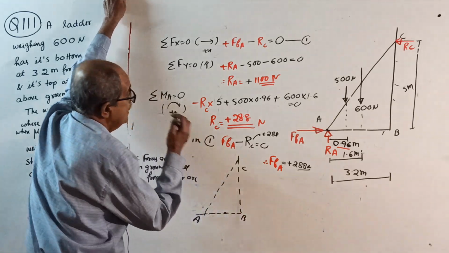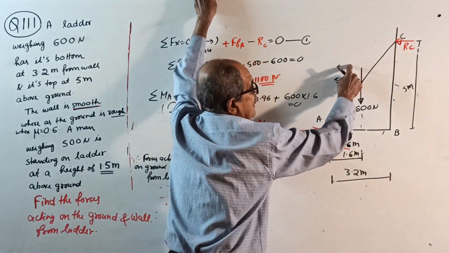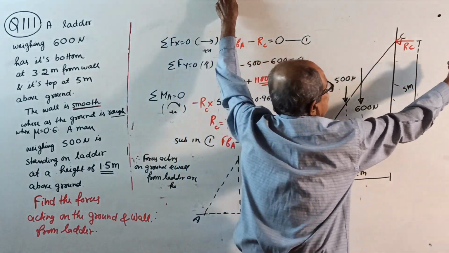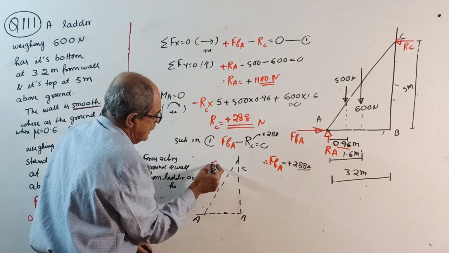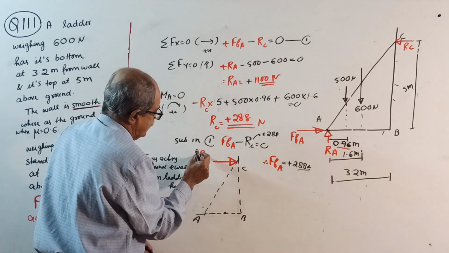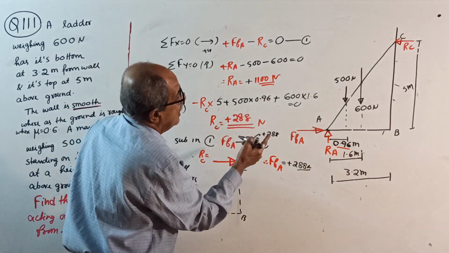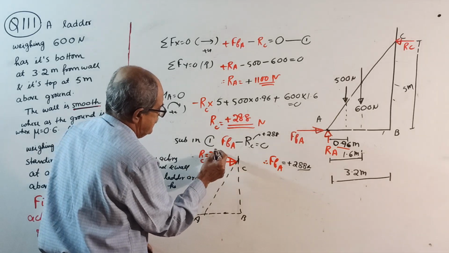From the wall to the ladder, a reaction this way. So the ladder will press the wall like this, equal to your RC, 288 Newton.